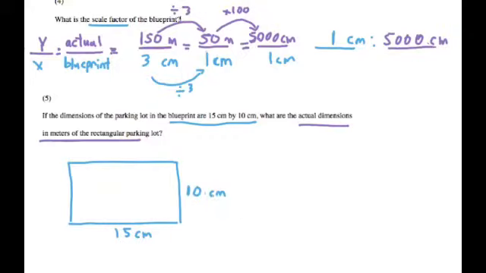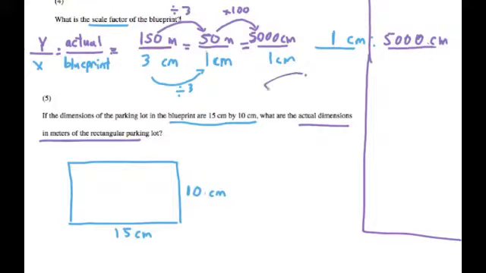Now if we were to build this parking lot, we have to think, well, what would be the dimensions of this parking lot that obviously would be way bigger than could fit on our piece of paper or screen.